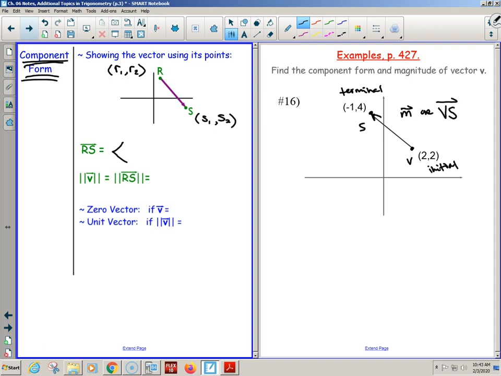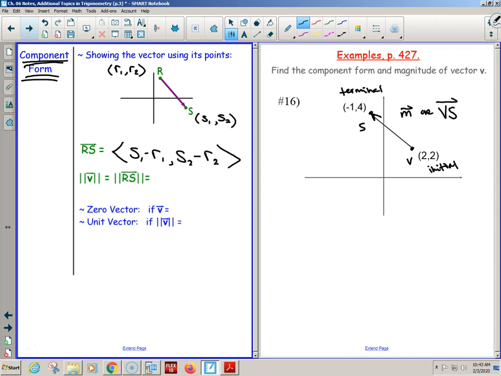So what I could do is talk about R to S, that diagonal directed movement, with magnitude and direction: where is it headed and how long is it? Or I could just say it in terms of its horizontal change and its vertical change. To do that, I would do its terminal x minus its initial x, and its terminal y minus its initial y.